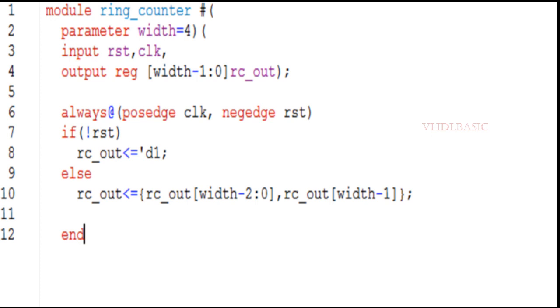If you see here, the open curly brace, and then I'm giving ring counter with width-2 down to 0, and then the MSB bit of RC out I am having in the LSB bit of the ring counter next time.